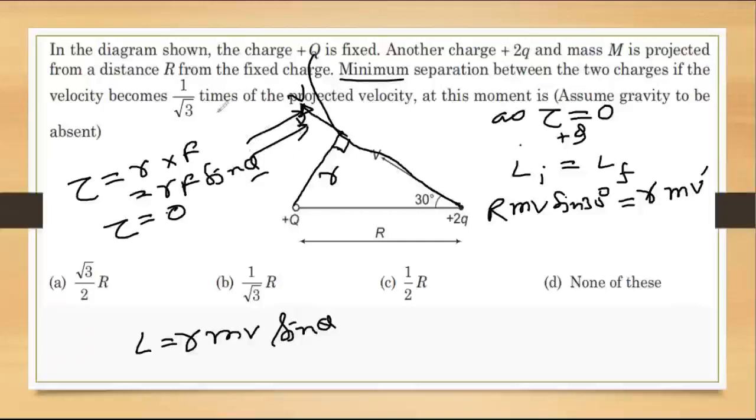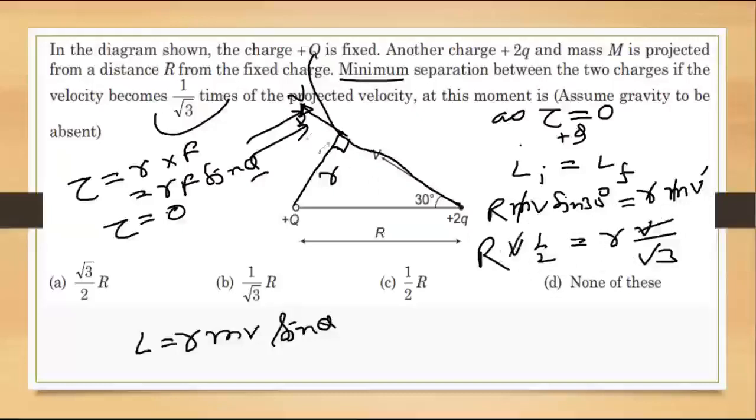Now v dash is already given. It is 1 by root 3 times of this. Okay, m gets cancelled. R v times half, since sine 30 is half, equals small r v dash. So v dash is v by root 3, and v gets cancelled. That v by root 3 we can also calculate by conserving energy.